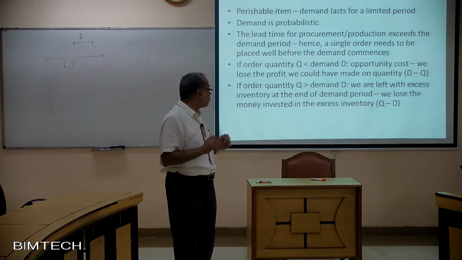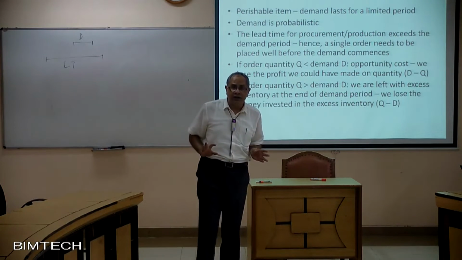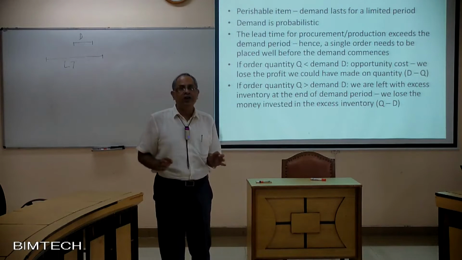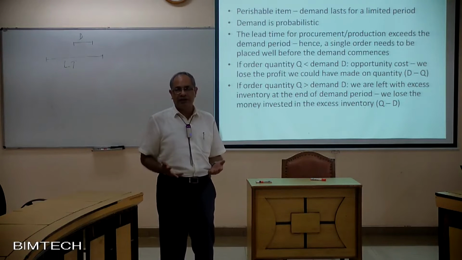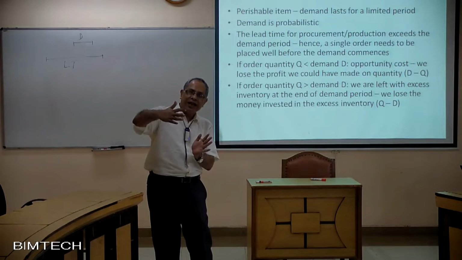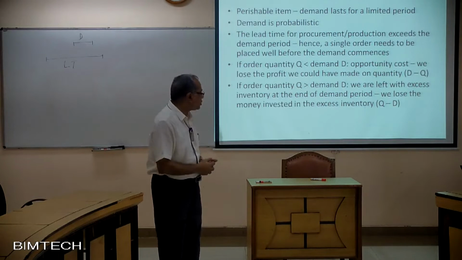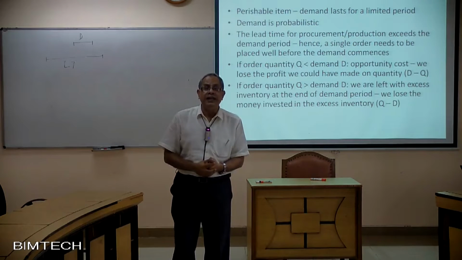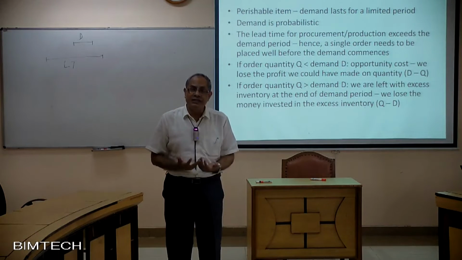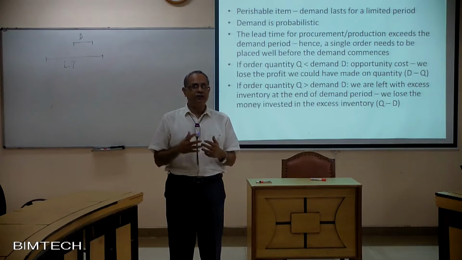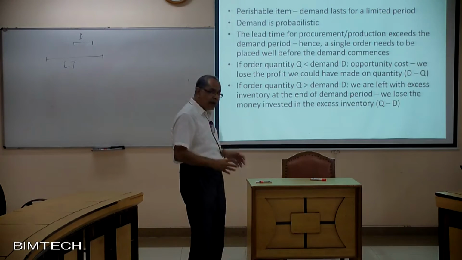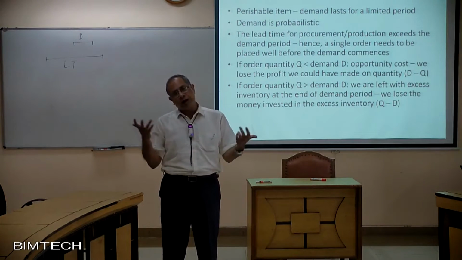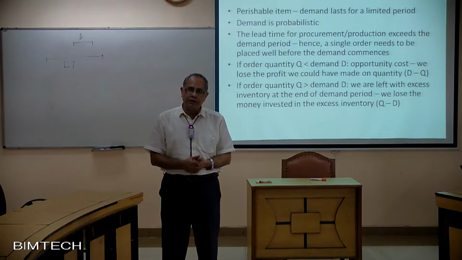If the order quantity is less than that demand D, then you lose out on the opportunity of making profit for that excess number of units, which is equal to D minus Q. So you fall short by a quantity D minus Q because Q is less than D. You could have made profit on that D minus Q quantity, but unfortunately, you are not able to do that.